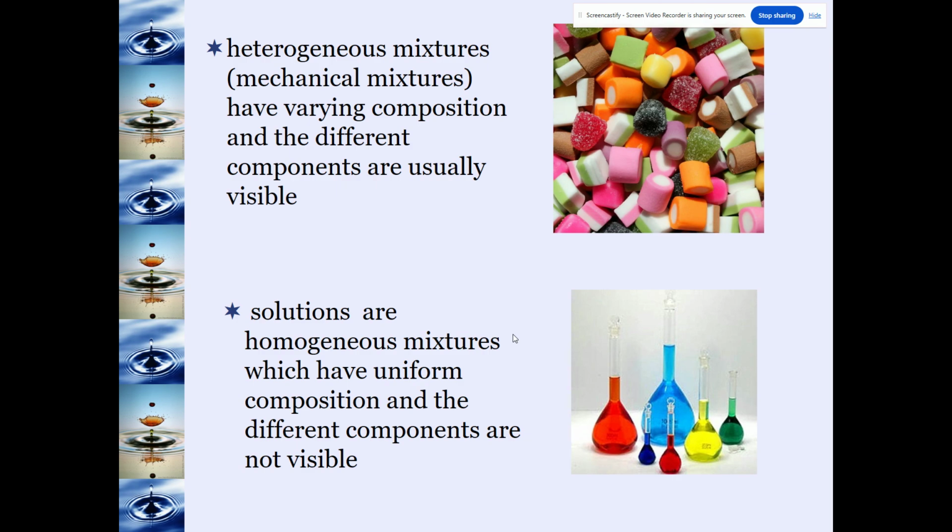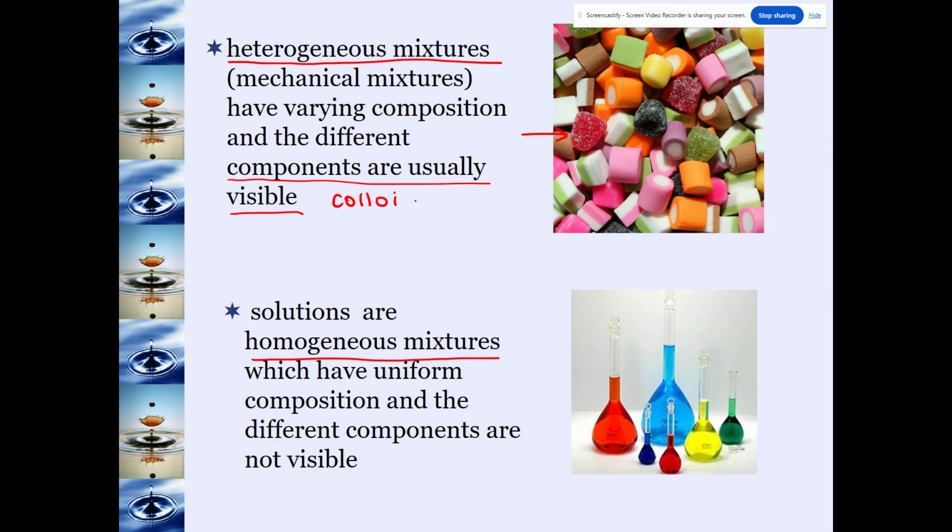Now, getting into mixtures, the two main categories of mixtures are heterogeneous mixtures and homogeneous mixtures. Okay? A heterogeneous mixture is sometimes also called a mechanical mixture, where the components are visible. Okay? So either they're very obviously visible, like this mix of candy here, or it could even be a colloid.